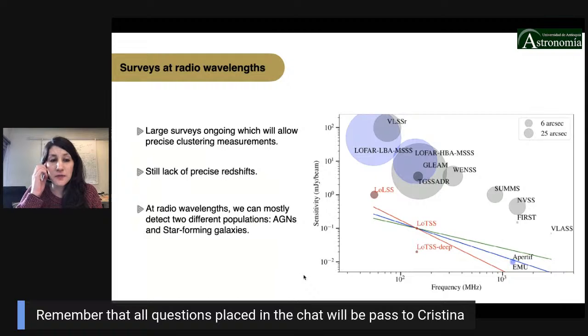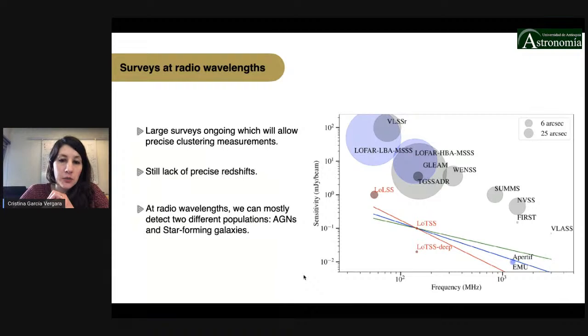We still lack precise redshifts, because when you detect sources in the radio sky, you normally don't have a redshift, and to obtain the redshift, you need multi-wavelength information in the same sky region to really obtain at least photometric redshifts of the sources.